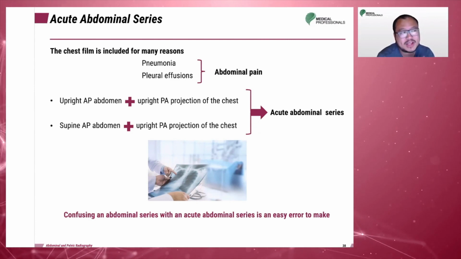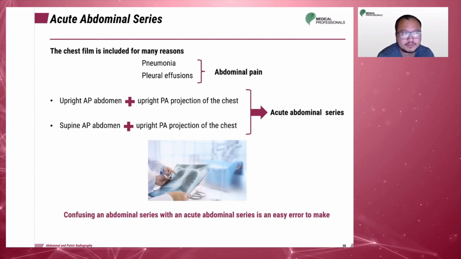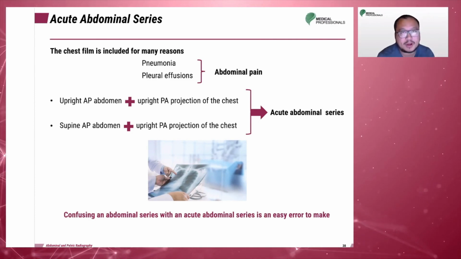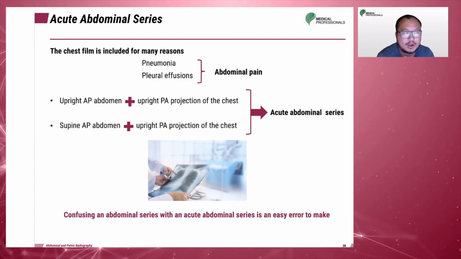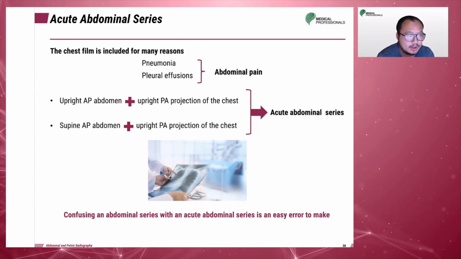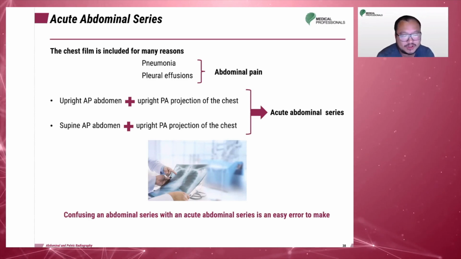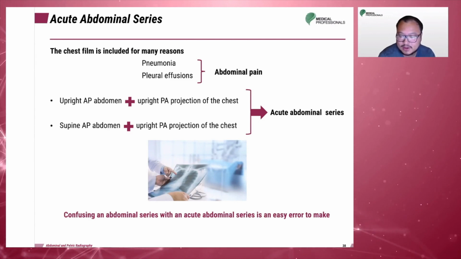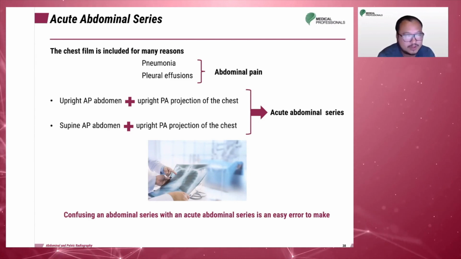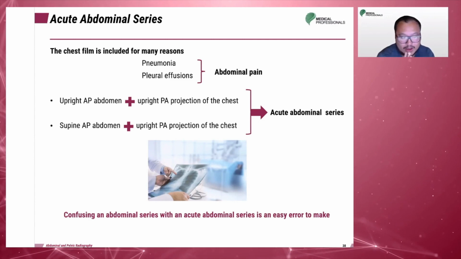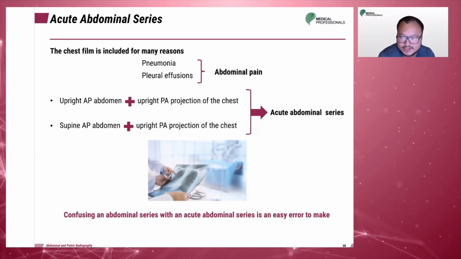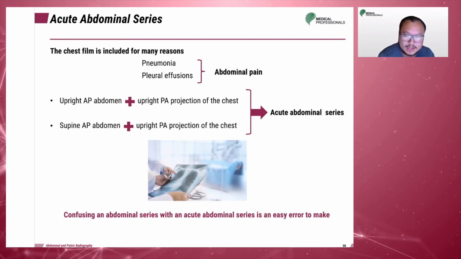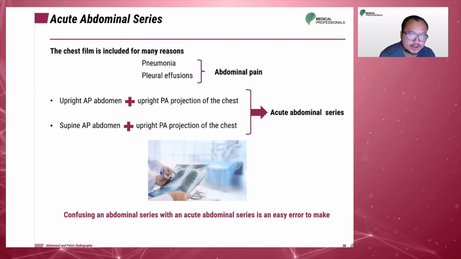So that is why a chest film is also included, okay, because it can mimic some abdominal pathology. So we want to check the chest area as well, okay. So an abdominal series versus acute abdominal series, it's easy errors to make when we're looking at those things. Again, we're looking for some of those things such as air fluid levels, perforations of the abdomen, obstructions, things like that are what we can see in these x-rays.